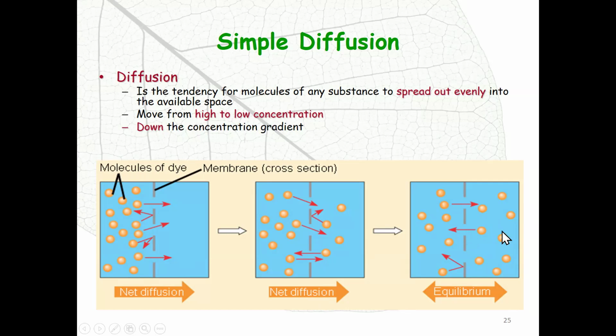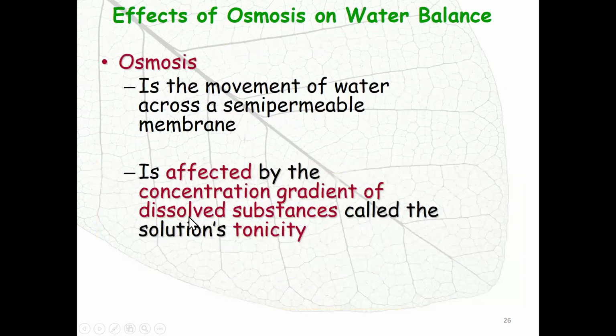So molecules move from high to low concentration, down the concentration gradient, until almost equal, at equilibrium. So diffusion, this type of osmotic pressure allows the molecules to move from higher concentration to the lower concentration.